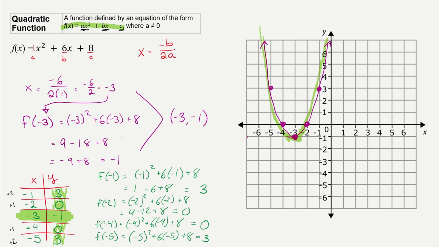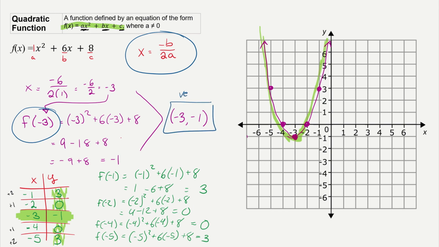And so that's your process. You start by finding the x value of the vertex using our equation x equals -b over 2a. You then plug that into the equation to find the y value of the vertex. So I now have my vertex. I go over and I create my table.